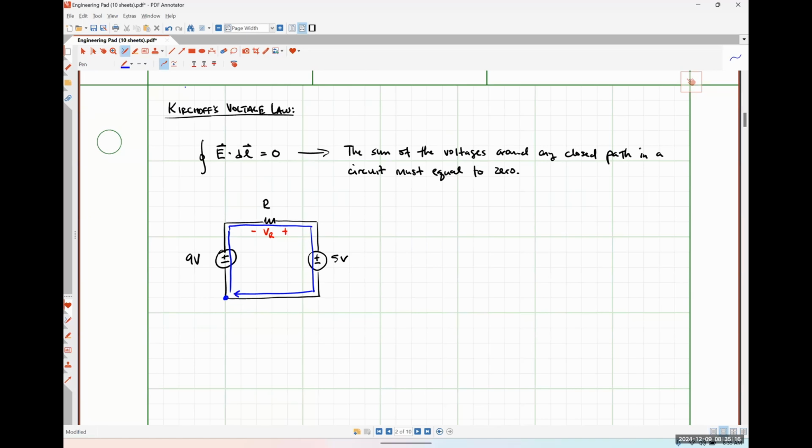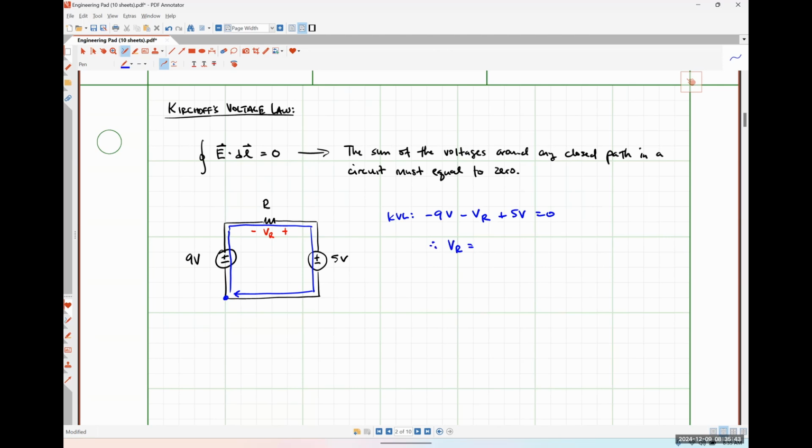So if I'm going up through the 9-volt source, do I see the negative polarity terminal first or the positive polarity? Negative. So let's put KVL here: negative 9 volts. What would I have next? Negative VR. And then lastly, plus 5 volts is equal to 0.